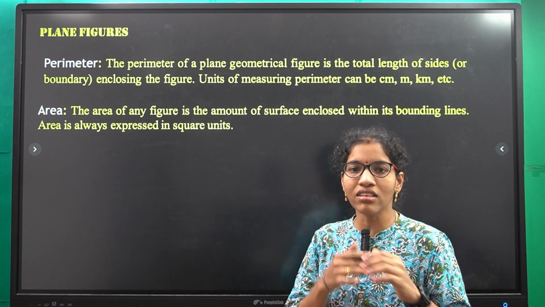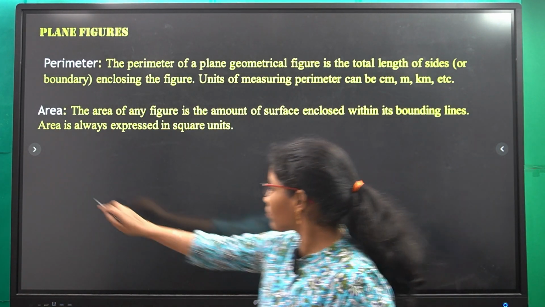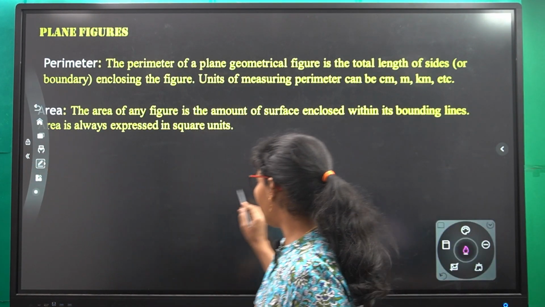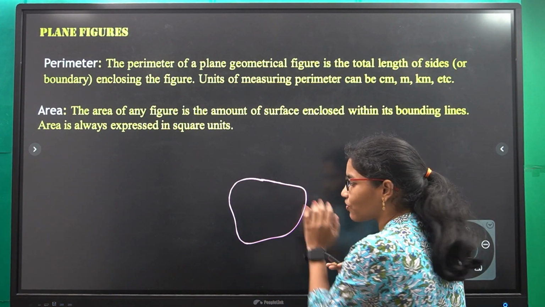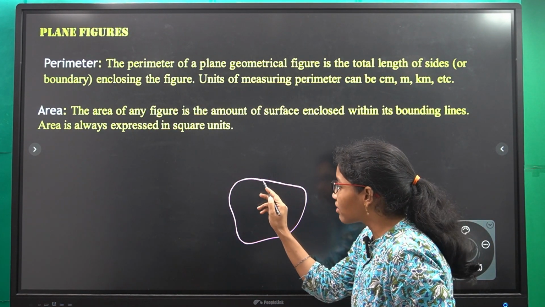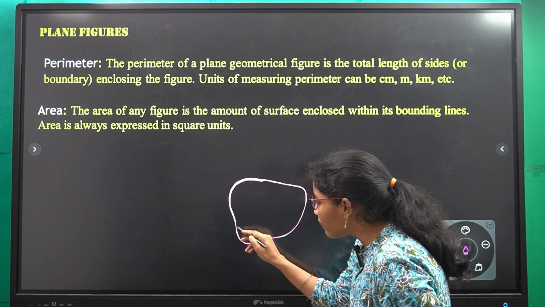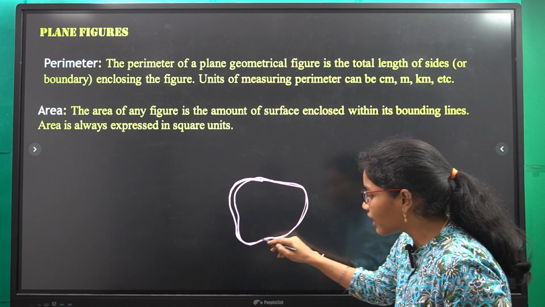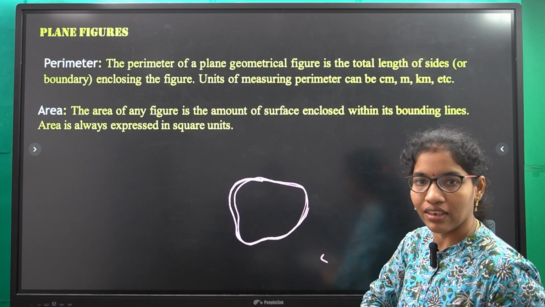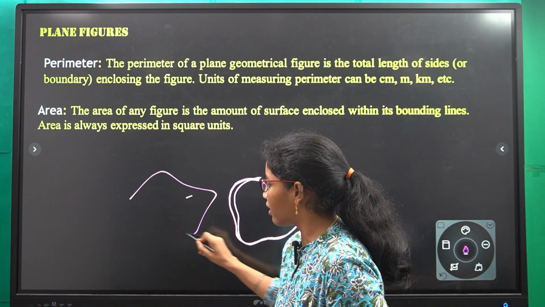So generally what is meant by perimeter? Perimeter is simply the length only. Suppose this figure is there. What is the length bounding this figure? This length bounded by this figure is called what? Perimeter of that figure. Okay, suppose I have a figure like this.